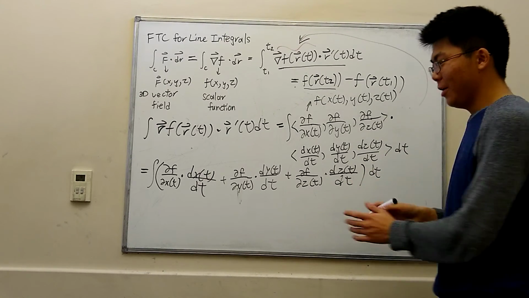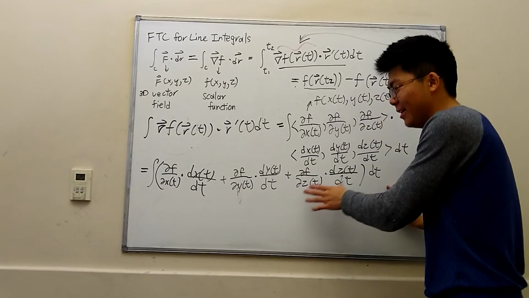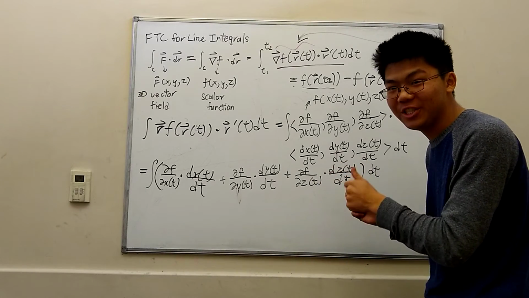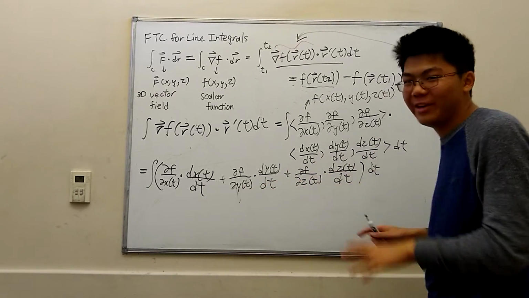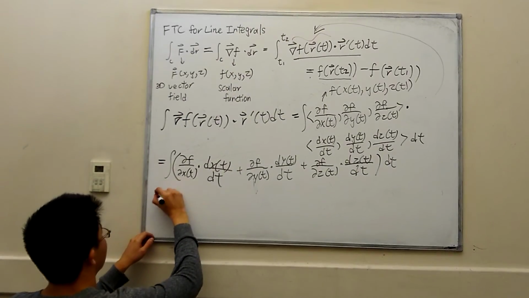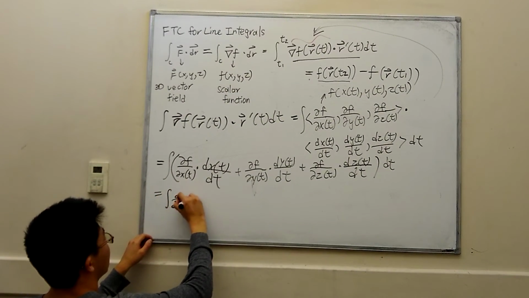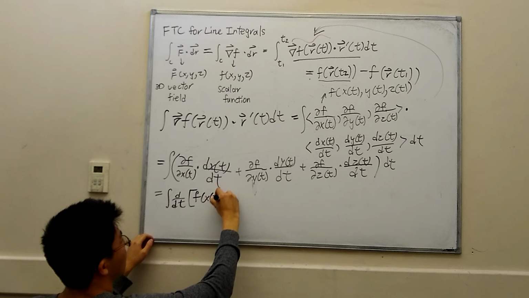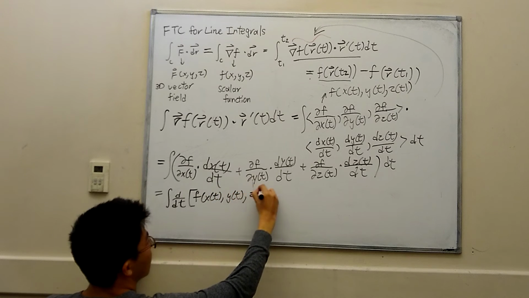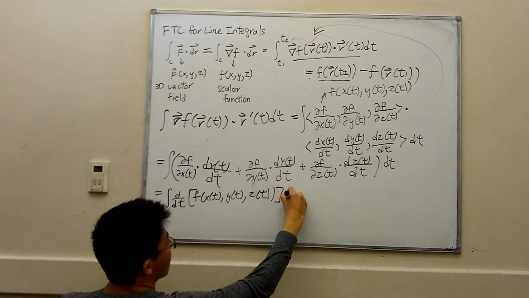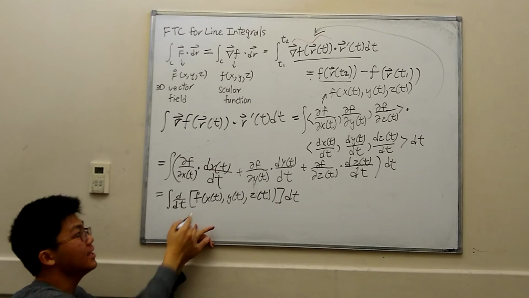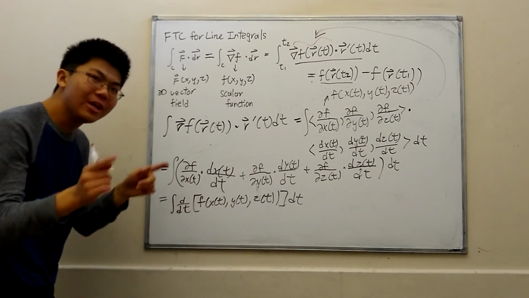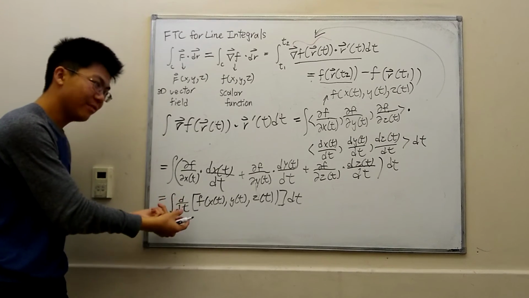Now, this looks awfully like the product rule. I'm sorry, the chain rule. The chain rule for multivariable expressions. So, let's see if we can pull the derivative out. So by using the multivariable chain rule, we pull the derivative of t out.